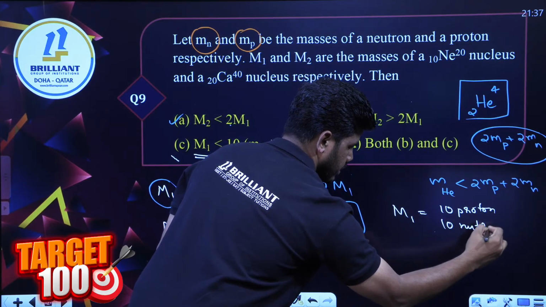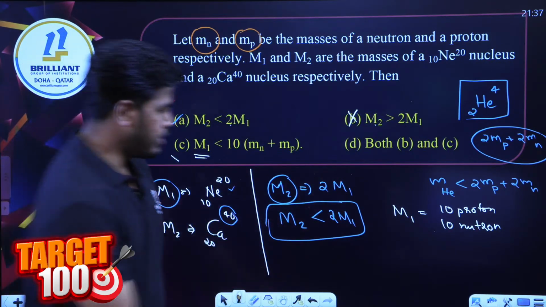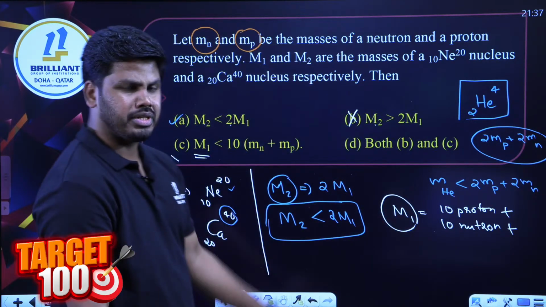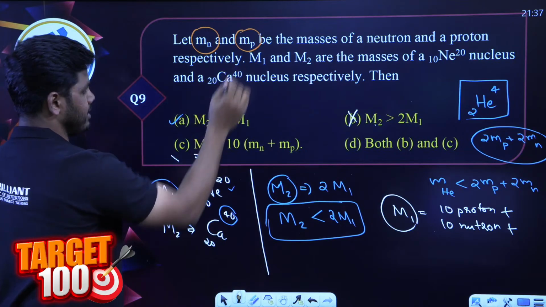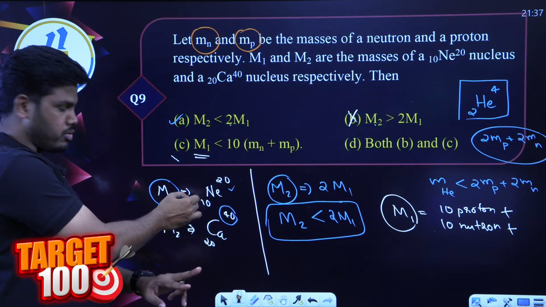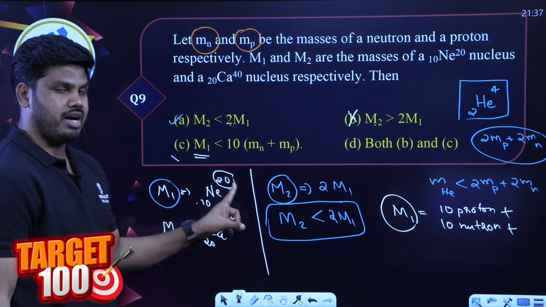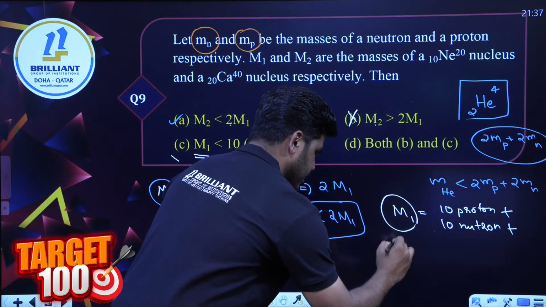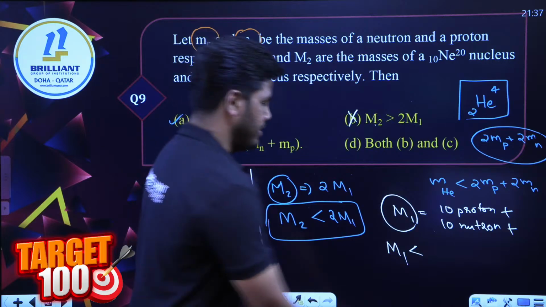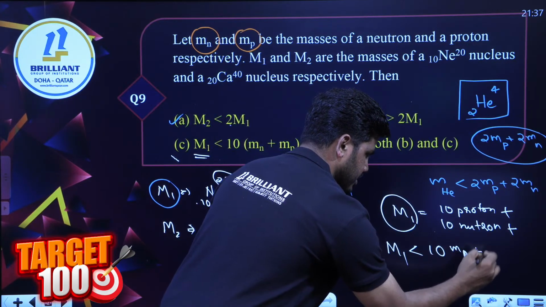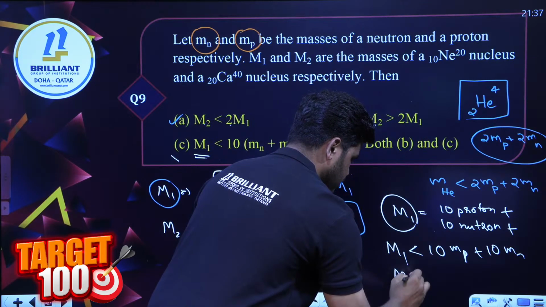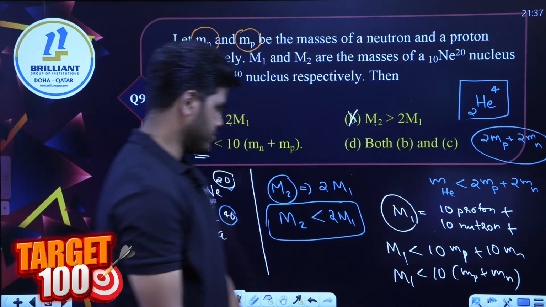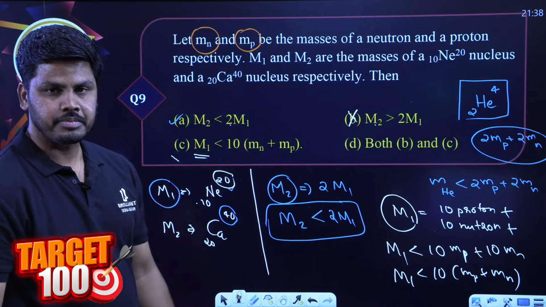How do you know? Its atomic number is 10, which is the number of protons, and mass number is 20. Mass number minus atomic number is the number of neutrons, so they are equal here. So M1 is supposed to be less than 10 times mass of proton plus 10 times mass of neutron. See, unfortunately that option is also correct.